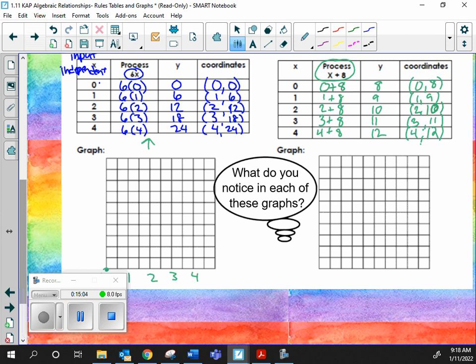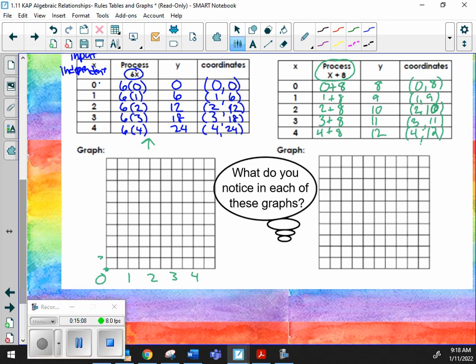We're big kids now. So if this is 0, let's do 3, 6, 9. I wouldn't even be able to fit if I did it by 2s. Bam. I made it.